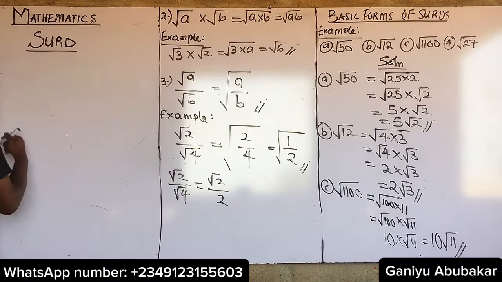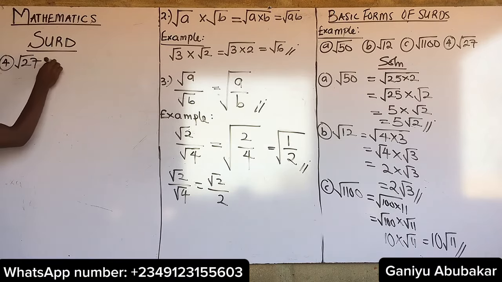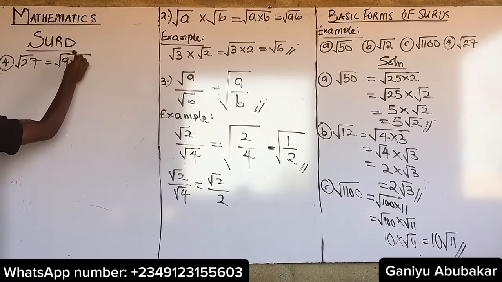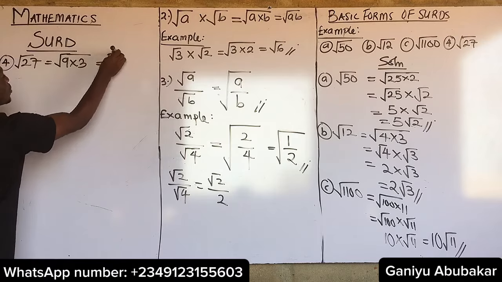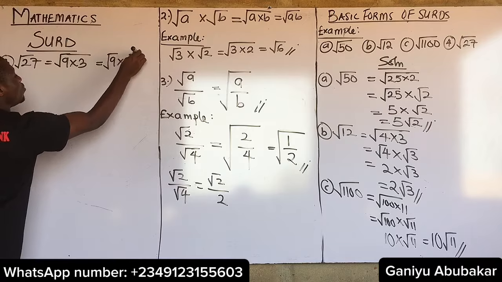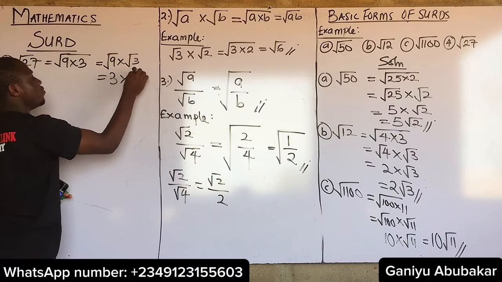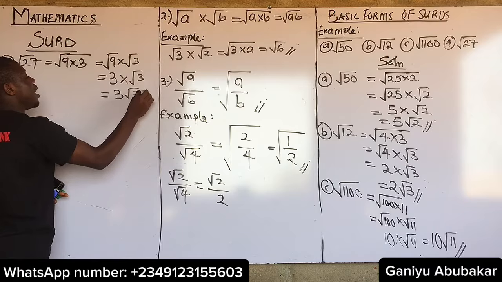All right, I have number 4 there, root 27. What we know is that root 9 times 3 will give 27. True or false? True. From here, I'll have root 9 multiply root 3. What's root 9? That's 3 times root 3. From here I'm having 3 root 3 as my answer.